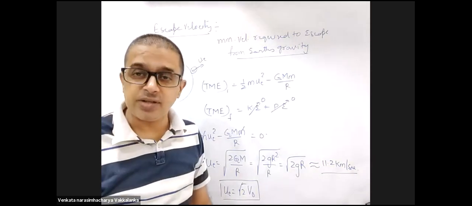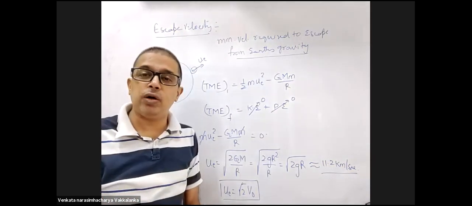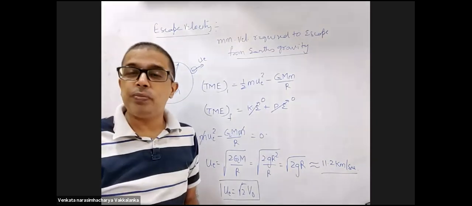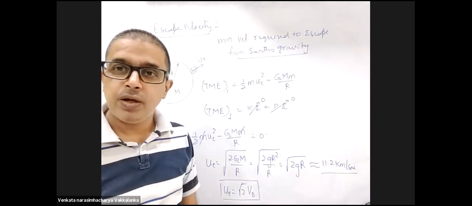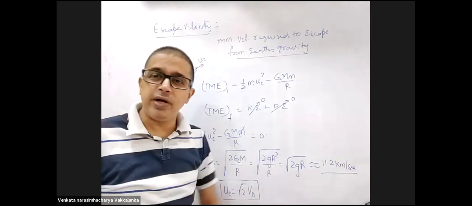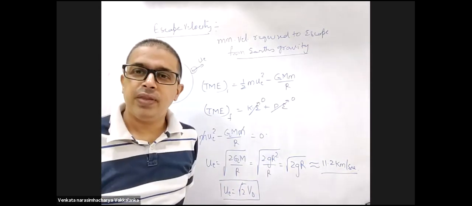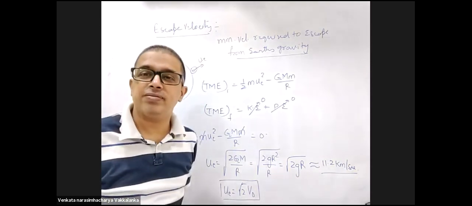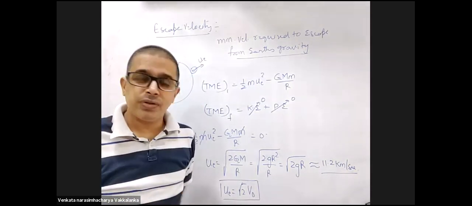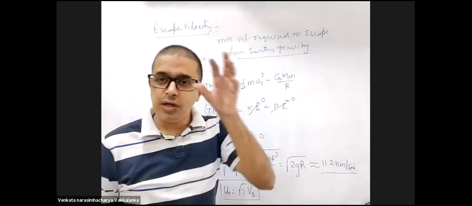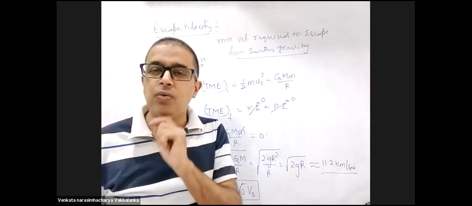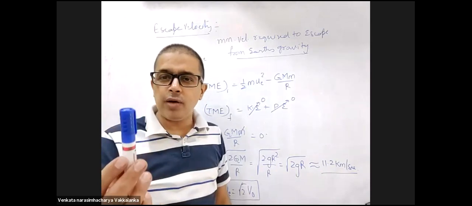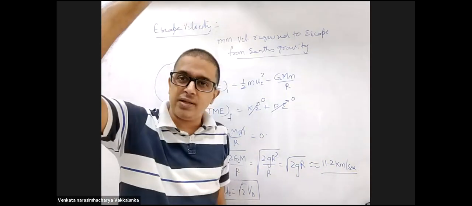One more important point. Some students ask, when you see a satellite or a probe towards Mars, Jupiter being launched, you don't launch it at 11.2 kilometers per second. Hardly the velocity will be 2 kilometers per second. Because this is the total energy you are giving in one go. It's like telling you, I want the marker to touch the ceiling.